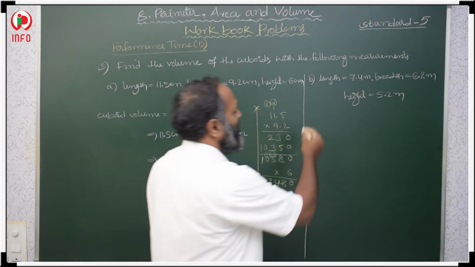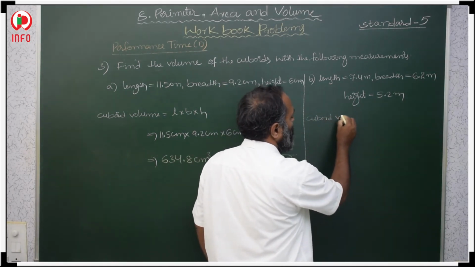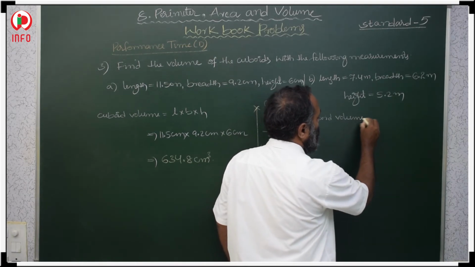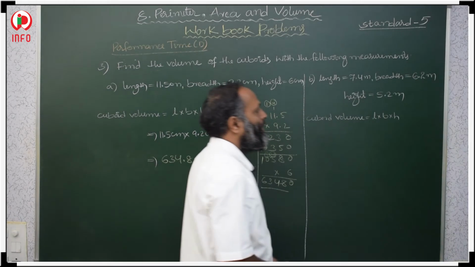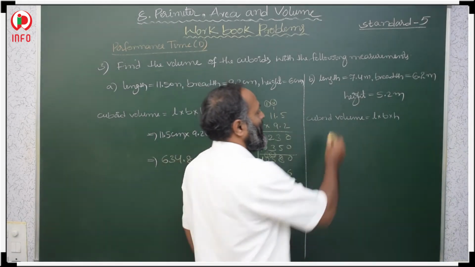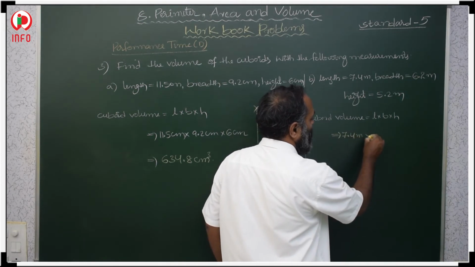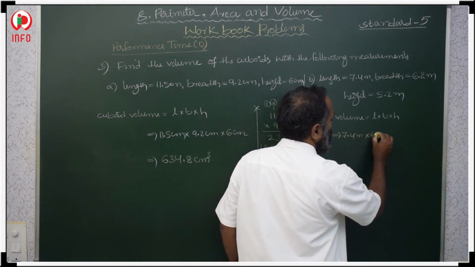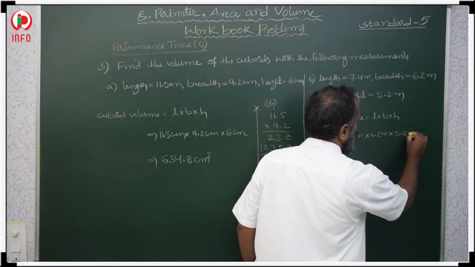Here also we have to find the cuboid volume. Cuboid volume is equal to length into breadth into height. What is the length here? 7.4 meters, breadth 6.2 meters, and height 5.2 meters.